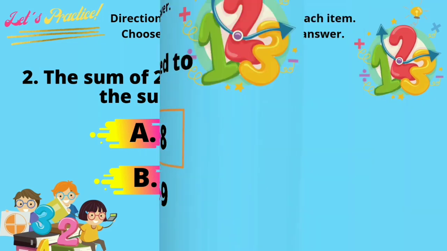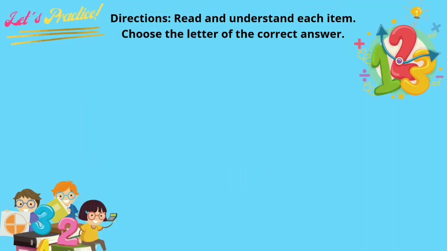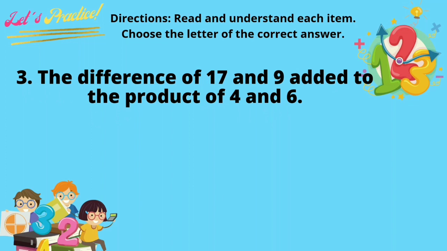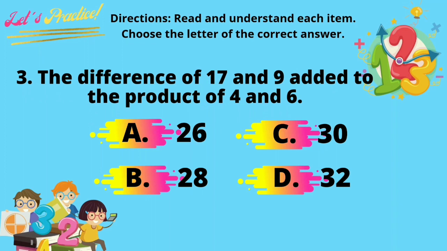Number 3, the difference of 12 and 9 added to the product of 4 and 6. If your answer is 32, you are right. 17 minus 9 is 8 plus the product of 4 and 6, which is 24, we get 32.